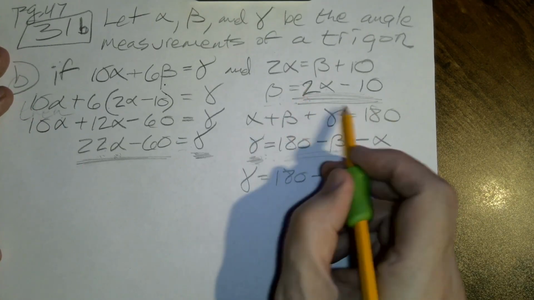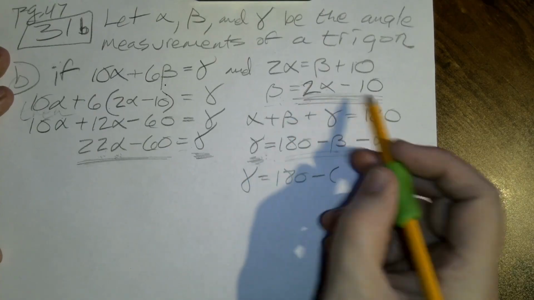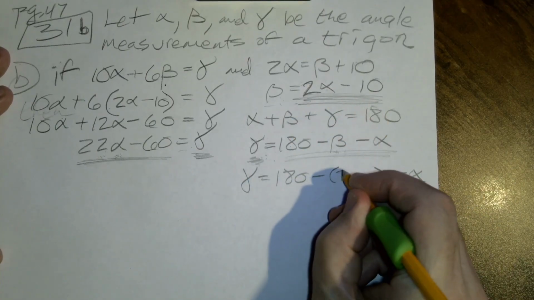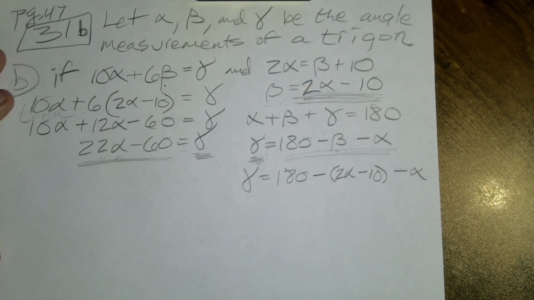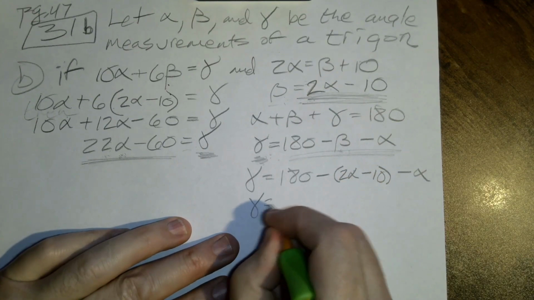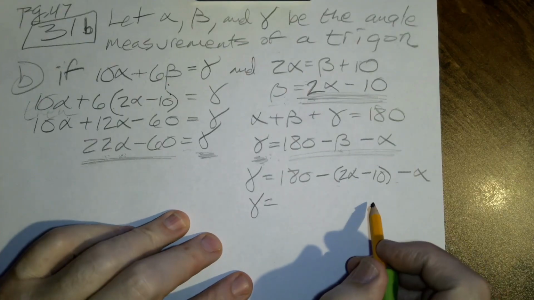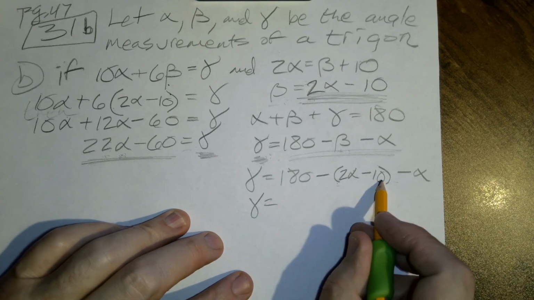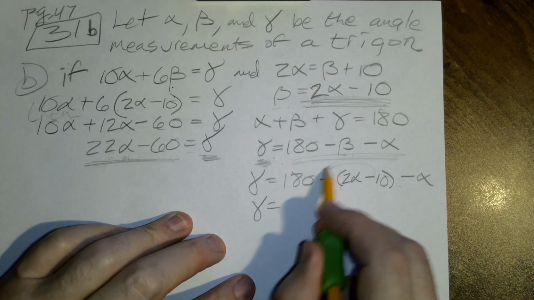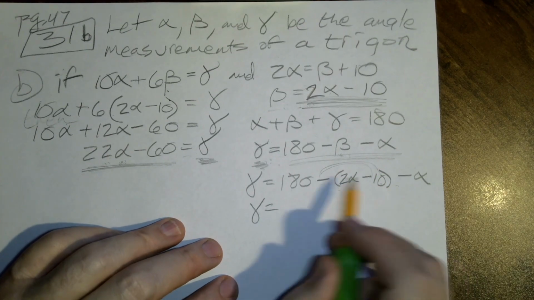And because beta, from what's given up here, is 2 alpha minus 10, we can write gamma now, take these parentheses off, and we have 180. This negative 1 goes over here to make that a positive 10.